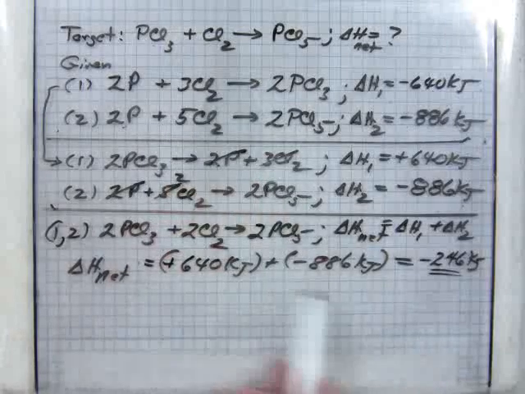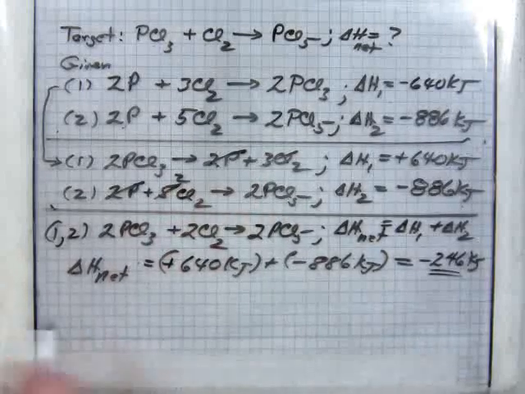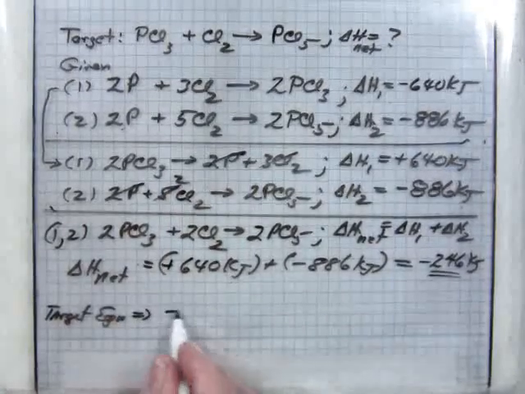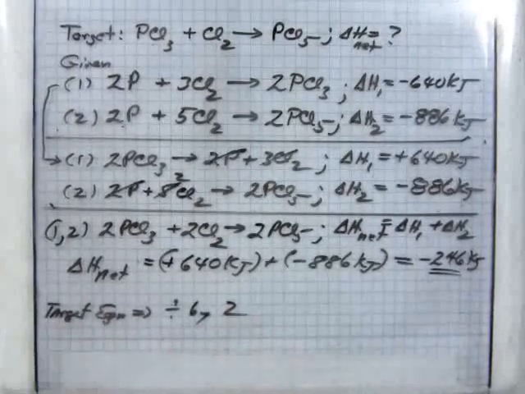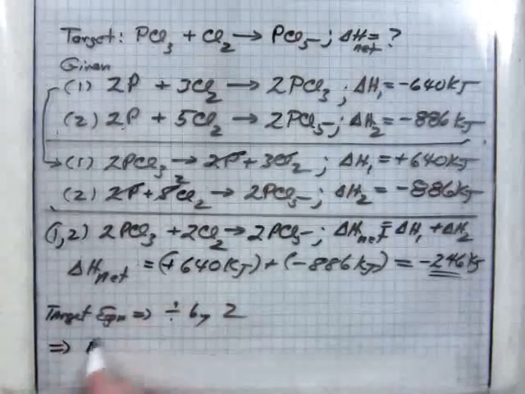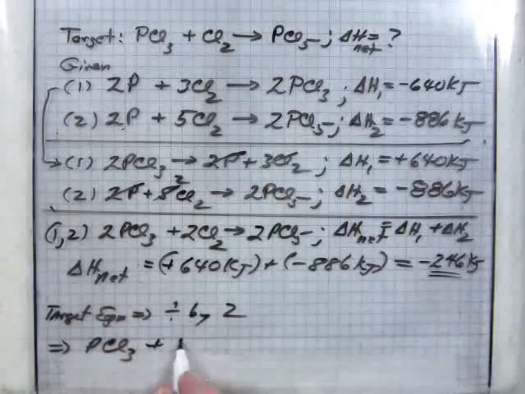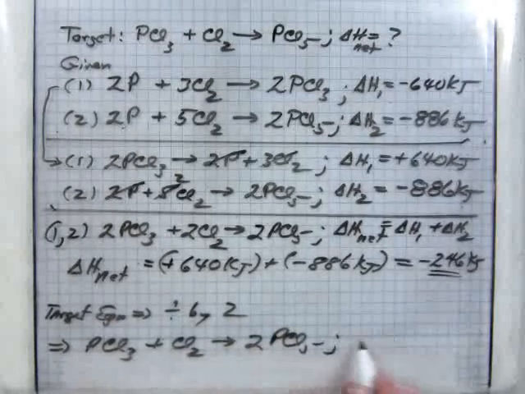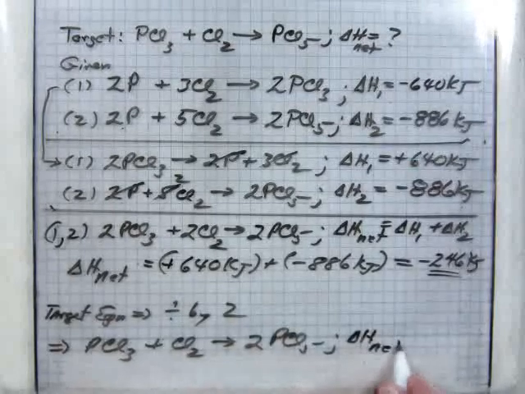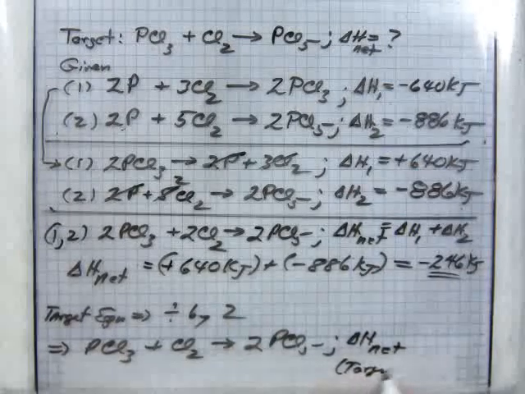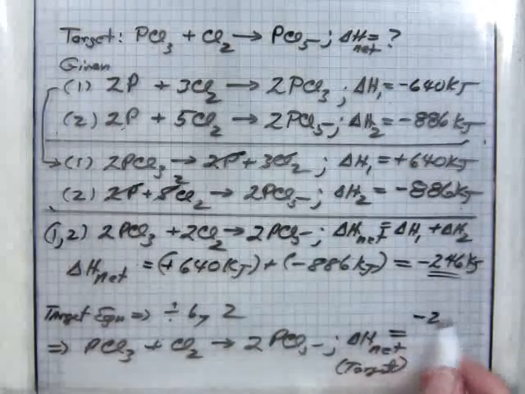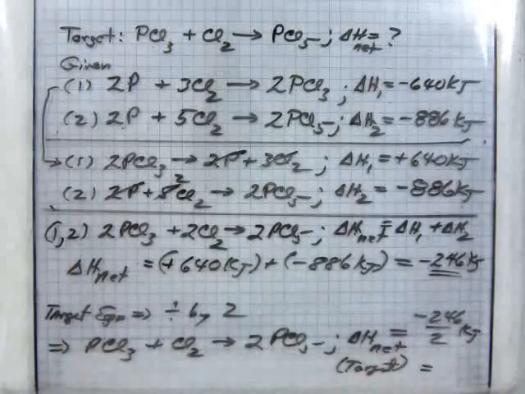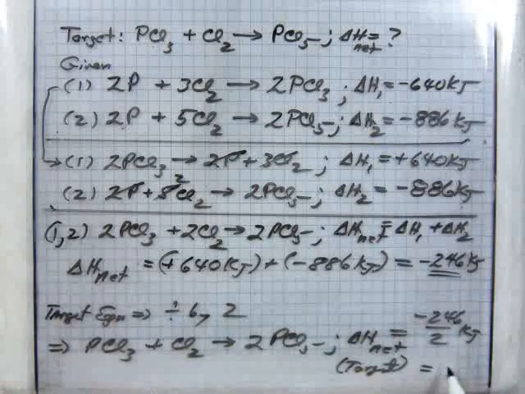So in order to get the target equation, divide by 2. And so we get PCl3 plus Cl2 goes to PCl5, and delta H net, our target, is equal to minus 246 over 2 kilojoules, which is minus 123 kilojoules, exothermic.